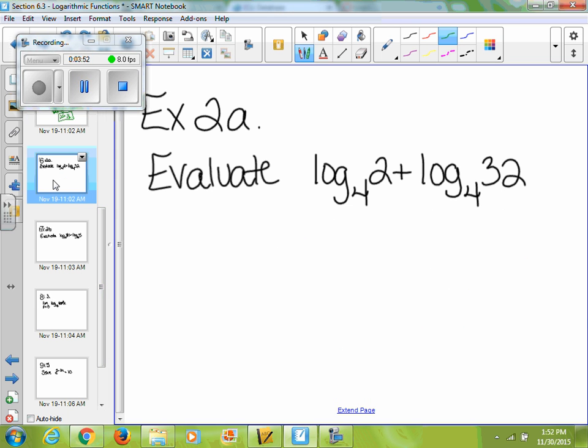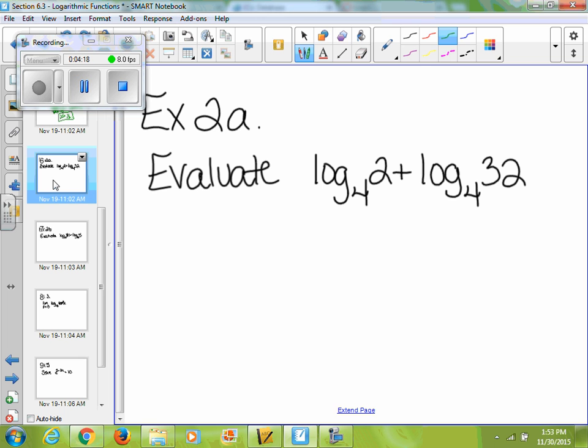Okay, the second part of what we're doing is evaluating logs where you're adding. So we're using our rules for adding and subtracting logs. Evaluate log base 4 of 2 plus log base 4 of 32. Just like how there's weird rules with exponents, there's weird rules with logs.